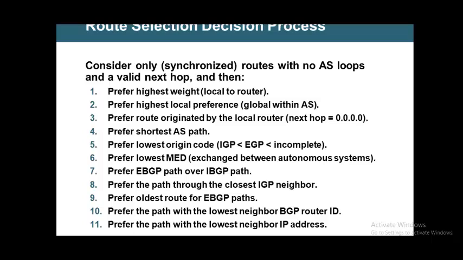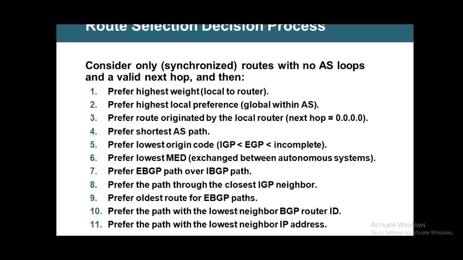It is local to the router. If you have a high weightage set for any of the neighbors, then the path going through that neighbor is the path elected.